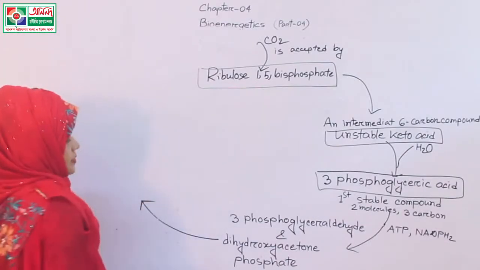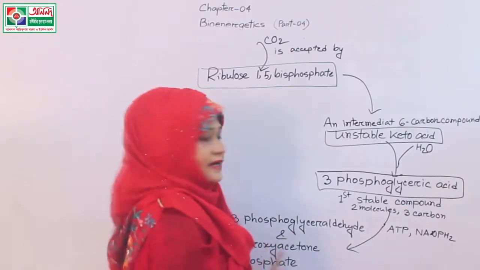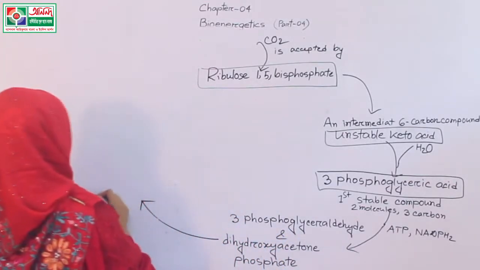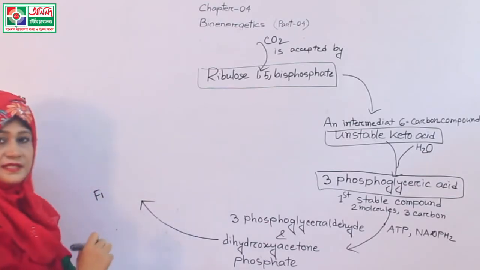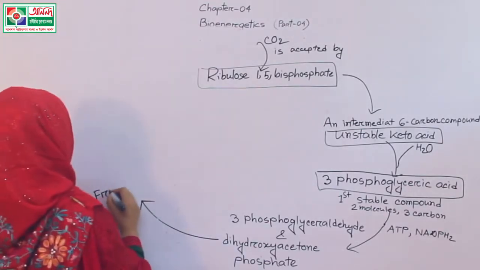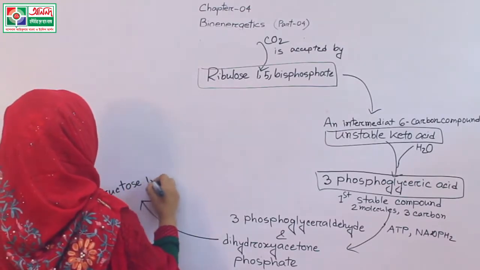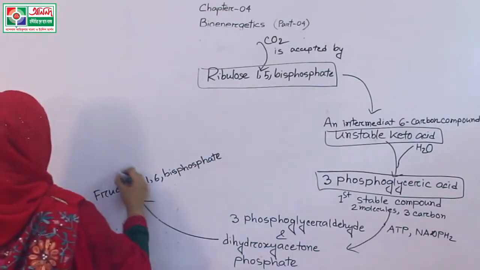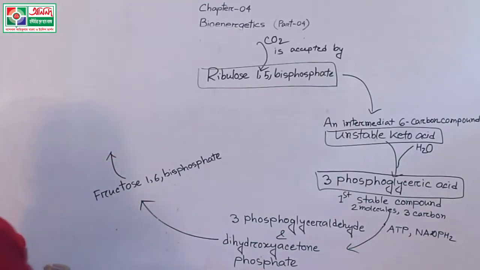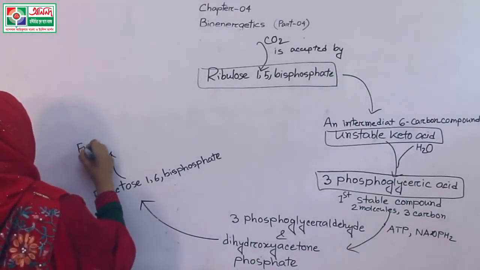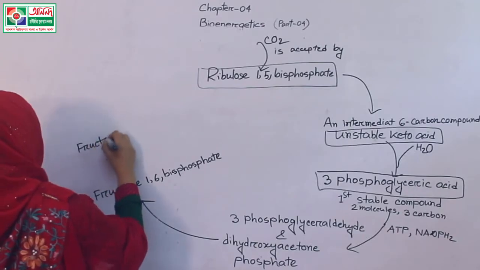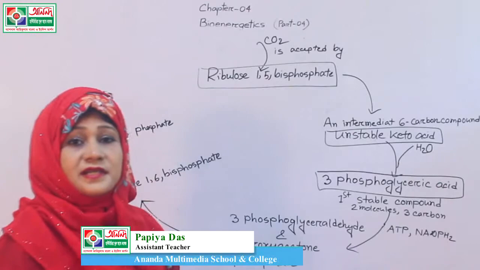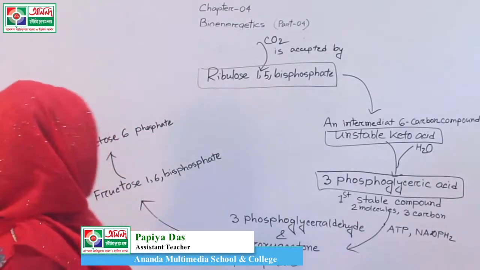From this 3-phosphoglyceraldehyde and dihydroxyacetone phosphate, we will get fructose 1,6-bisphosphate. Again, from this 1,6-bisphosphate, fructose 6-phosphate, through many different consecutive chemical processes.